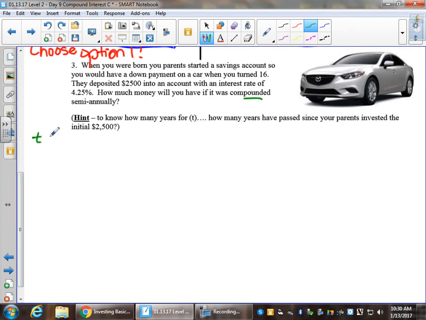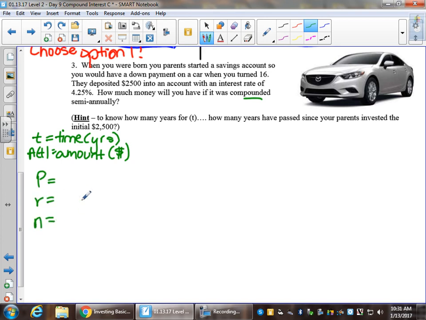So T will be time in years. A of T will be amount of money. And we need three variables. What are they? Our three variables are P, R, and N. My principal amount deposited is $2,500.